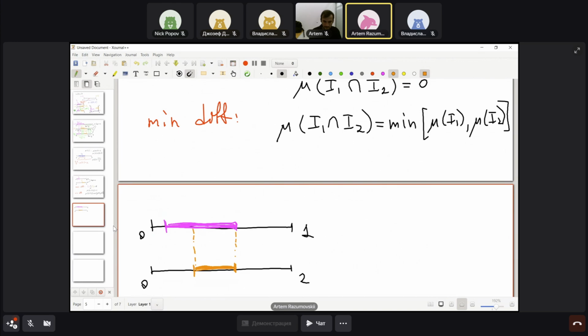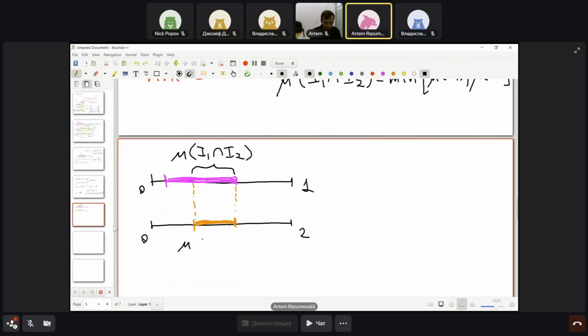So then the intersection of the sets is this, and it exactly coincides with the minimum. If you take the measure of that, it will be exactly equal to the measure of I2. That's about differentiation.